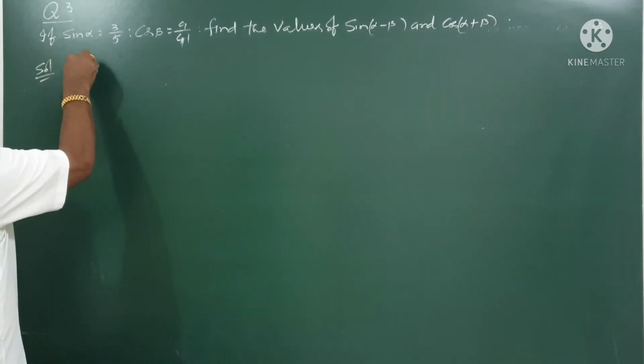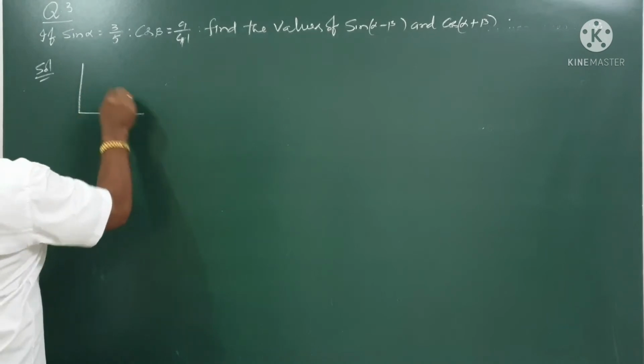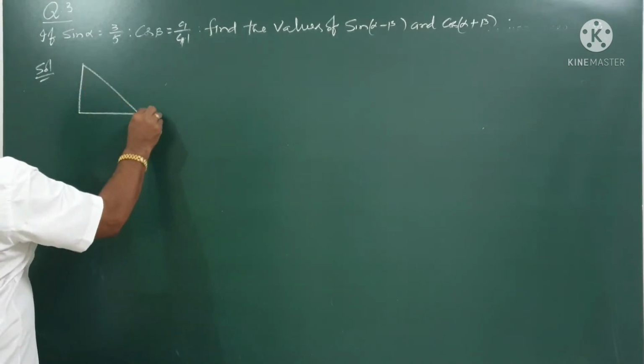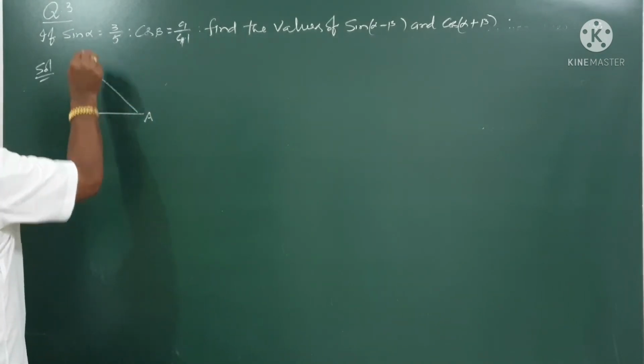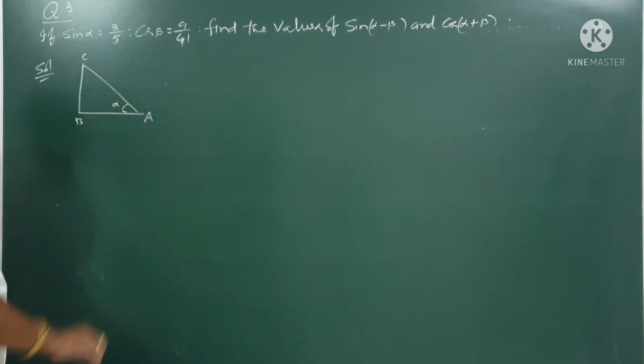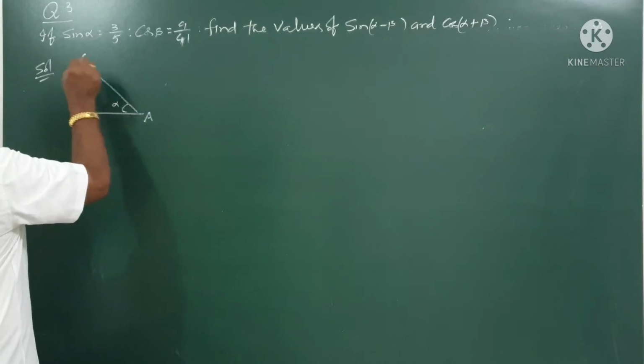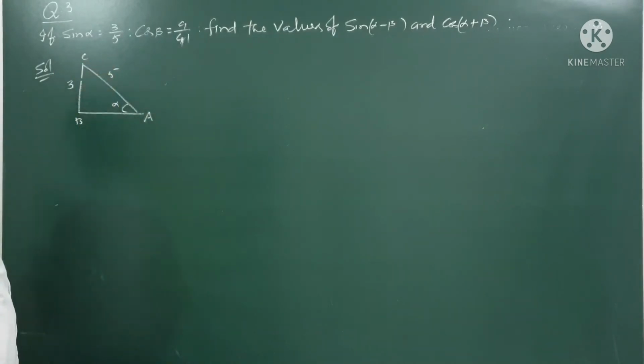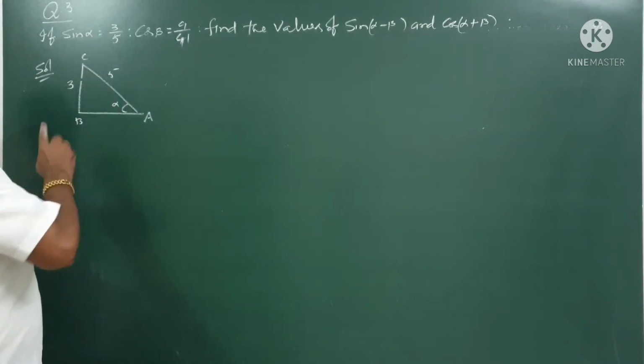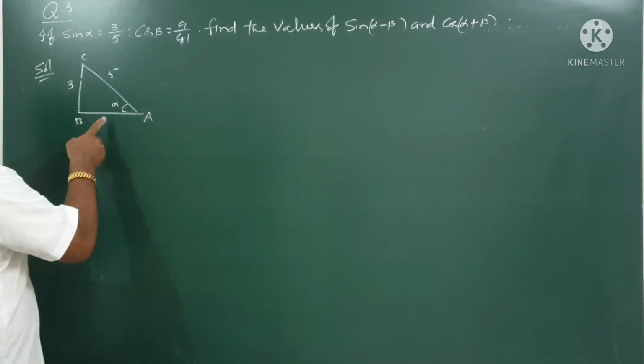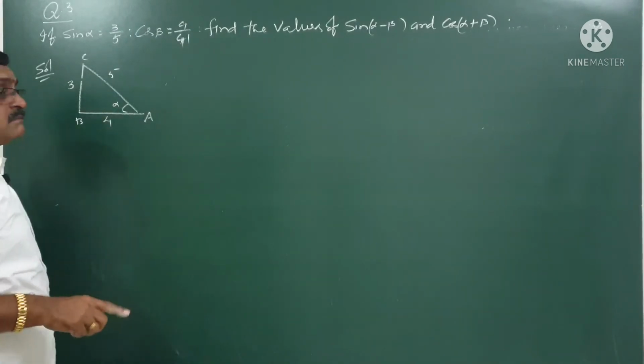I draw a right angle triangle. Let's say A, B, C, and this angle is alpha. And sin is 3 by 5, given. Of course, this is opposite side by hypotenuse. By Pythagoras theorem, I can find this value. It is nothing but 4.